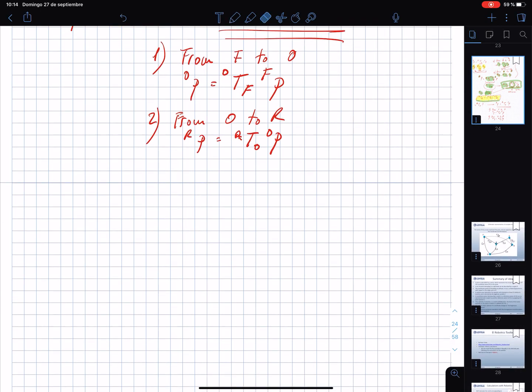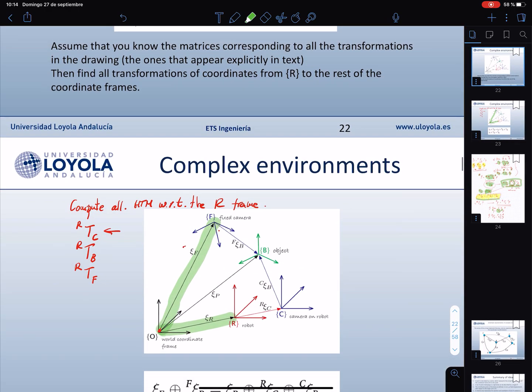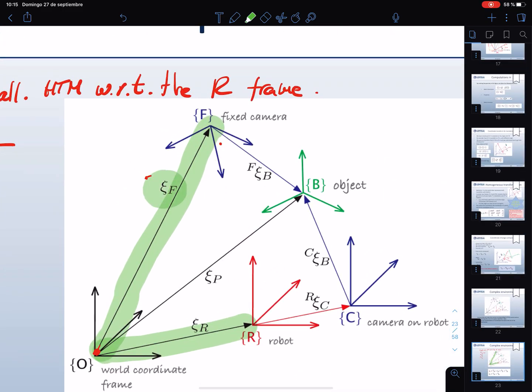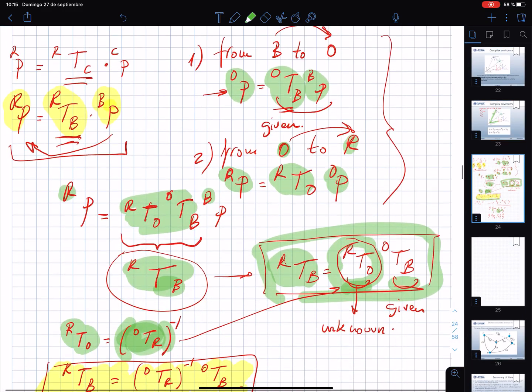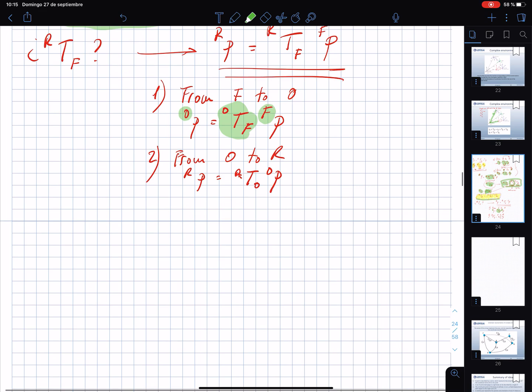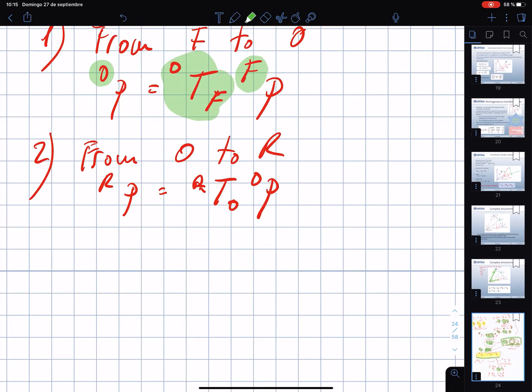So the first step, which transforms from F to 0, is based on the matrix 0TF, which is given. Remember that in the drawing we are given this matrix, 0TF. The second step is from 0 to R, which is done with this matrix.